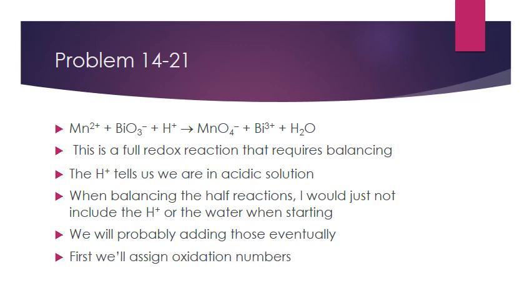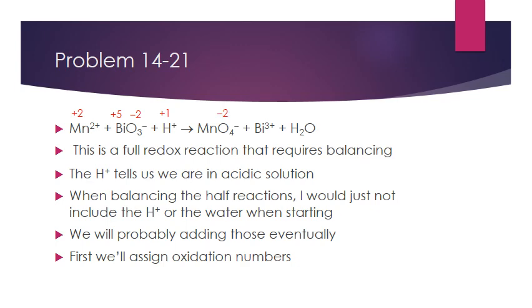So first we will assign oxidation numbers. Okay, manganese 2+ is a +2. -2 for the oxygen in the bismuthate anion. That means the bismuth is +5. Our hydrogen is +1.